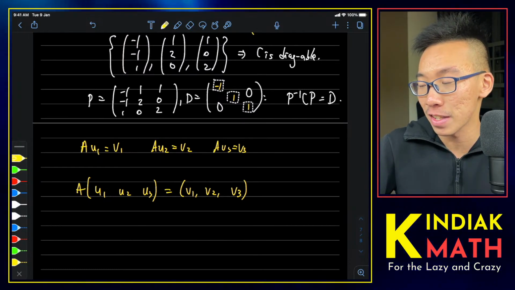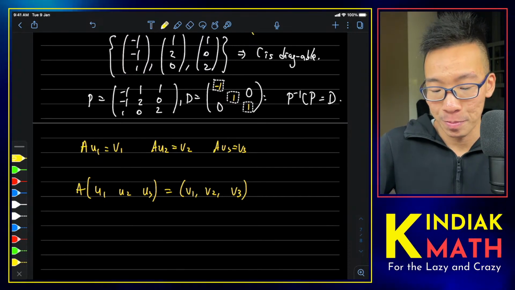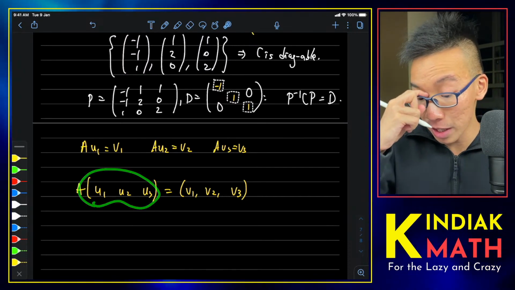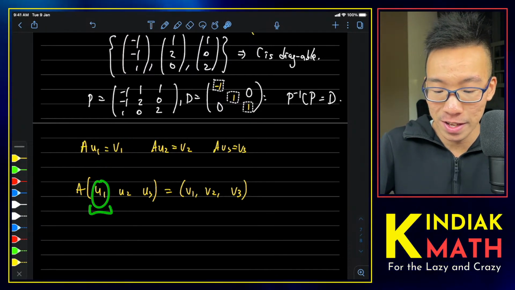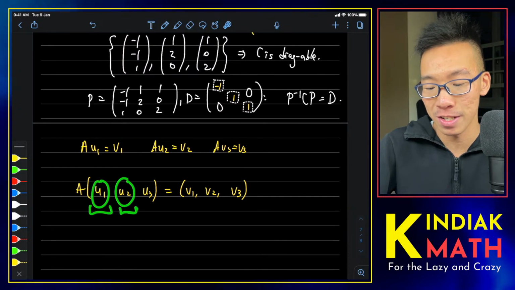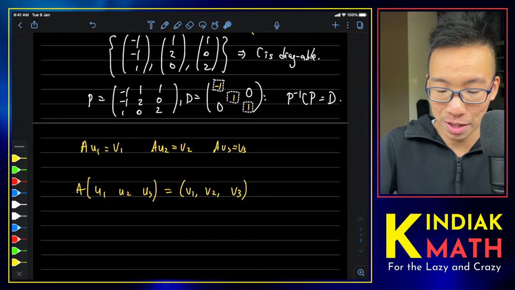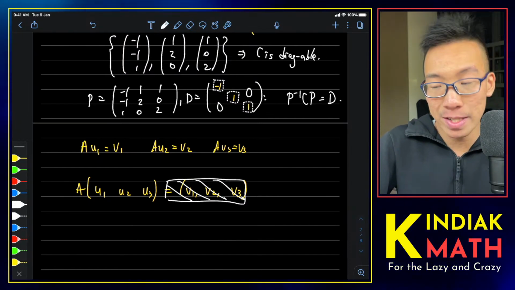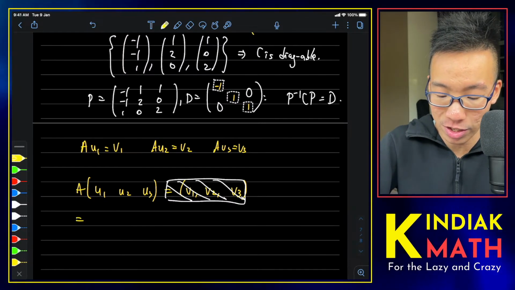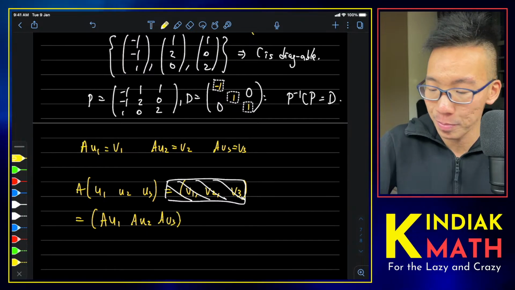Someone asked about matrix multiplication involving these. You can think of this as the recipe for this particular dish, this is the recipe for this dish, and this is the recipe for this dish. Based on our discussion just now, we can write this as AU1, AU2, AU3.